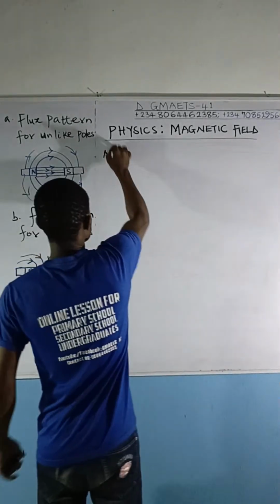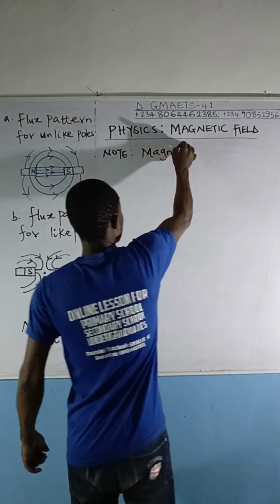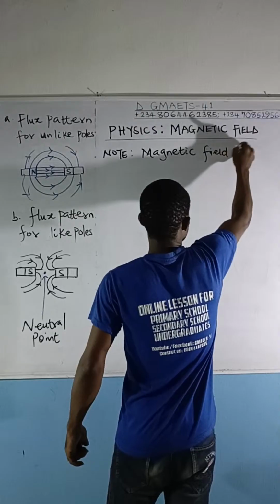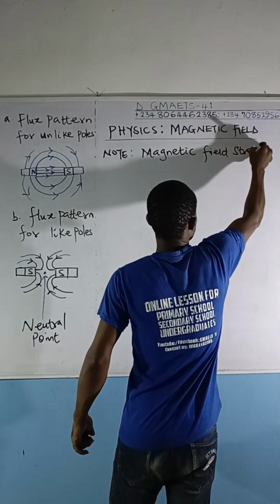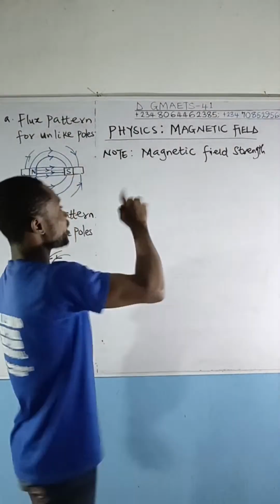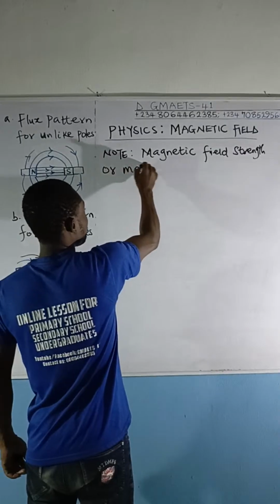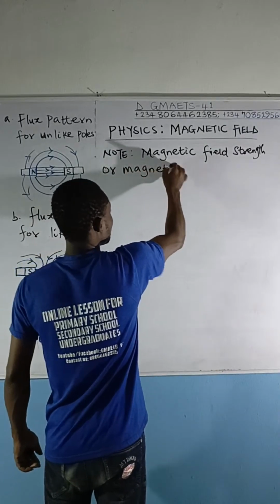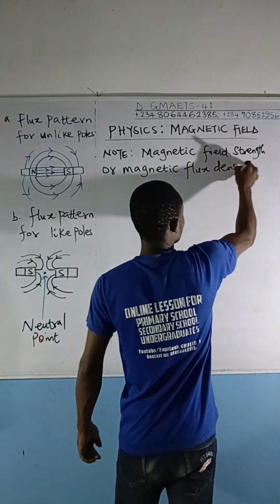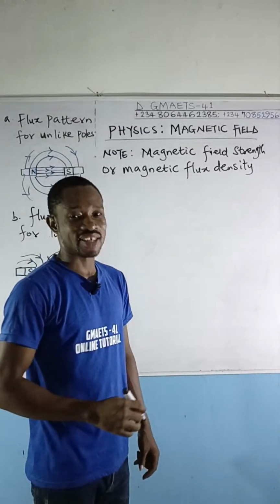Further, let me just write notes. Magnetic field strength. Just like in electric field, we have electric field intensity. Magnetic field strength, also known as magnetic flux density. I think we can also call it magnetic induction.